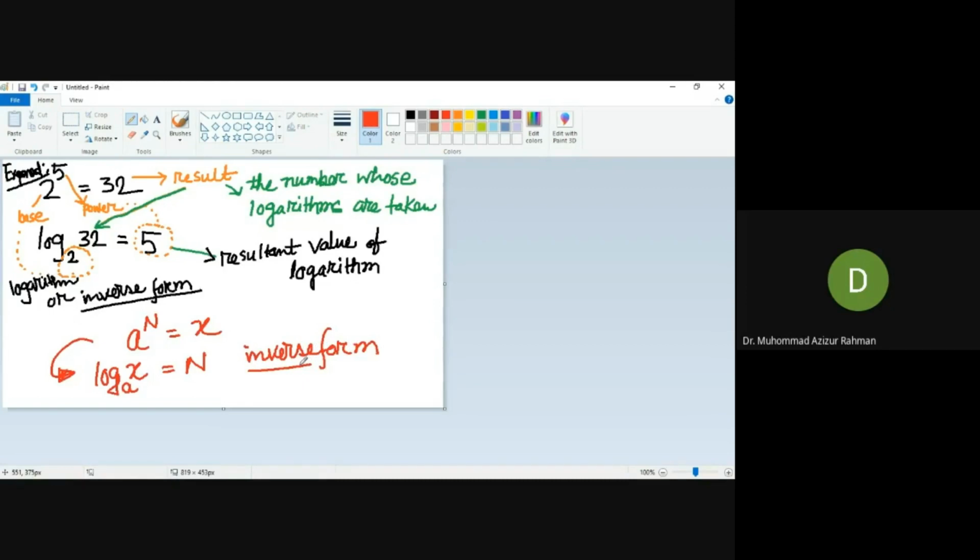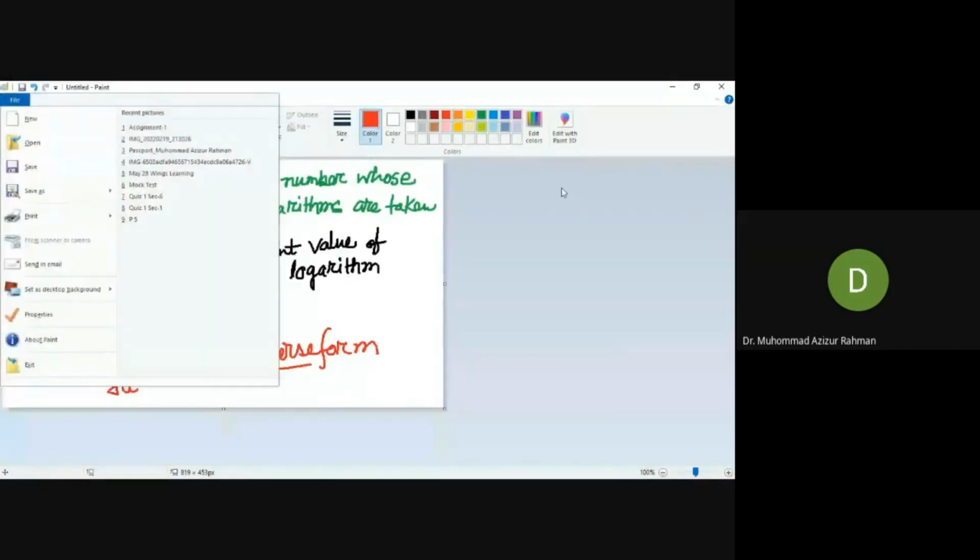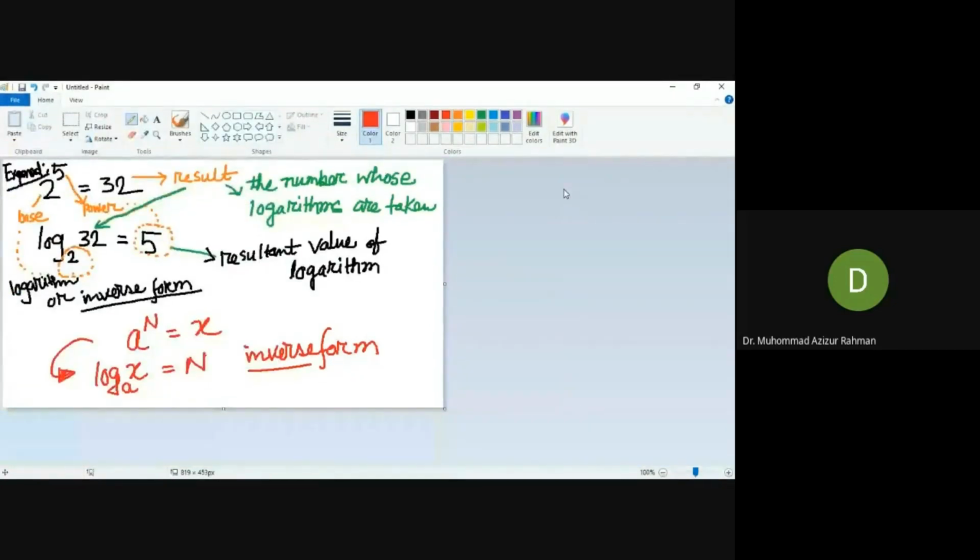So let's do some more examples. Let's say I do some other example.